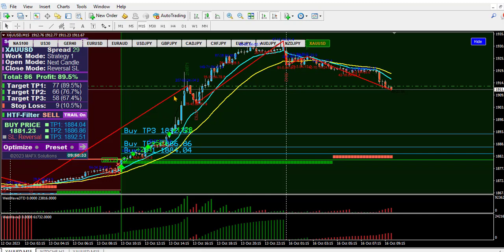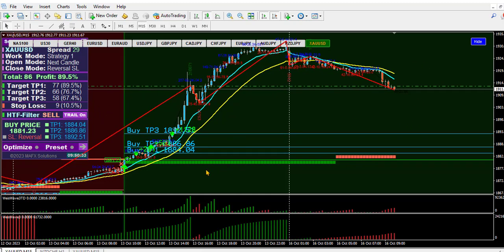Now, for instance, this indicator that gives us this green background color and this bar for a buy is a single indicator that can stand on its own, but sometimes it is not accurate, and that's why you need to add one or two indicators to it to make it work effectively.